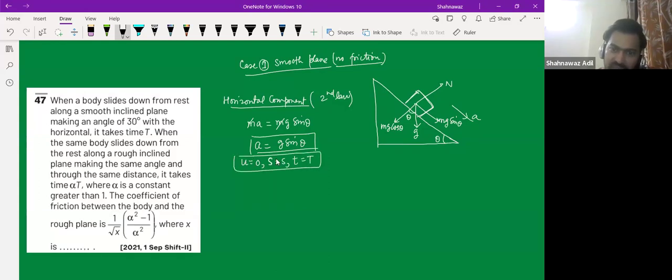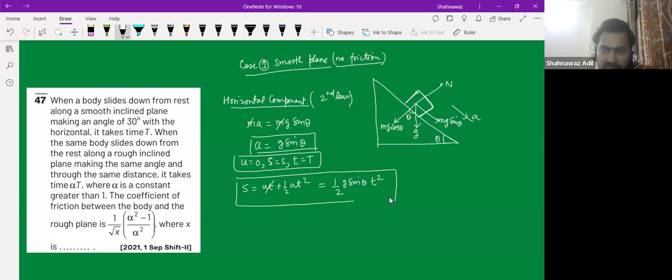So if we calculate this distance, it is ut plus half at square. This part will cancel, and a we know is g sin theta, so s is half g sin theta t square.